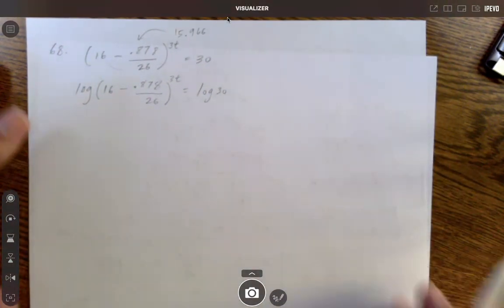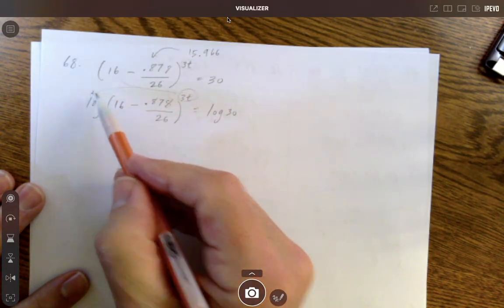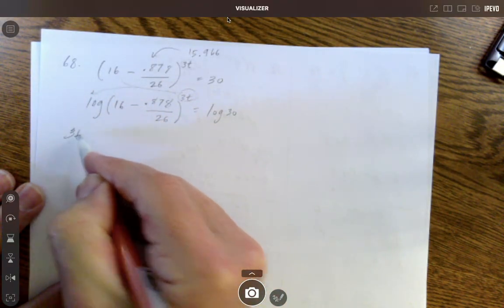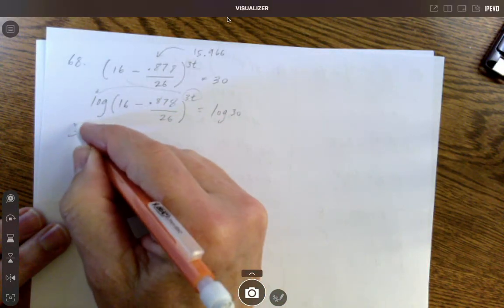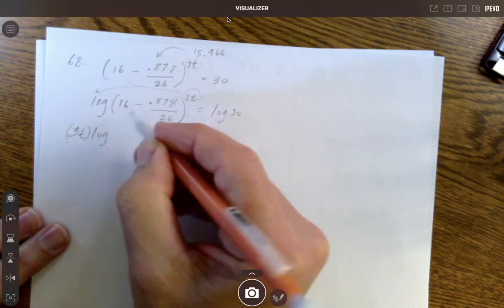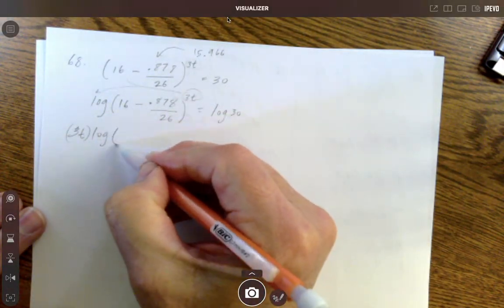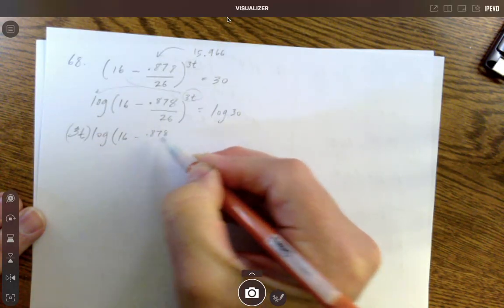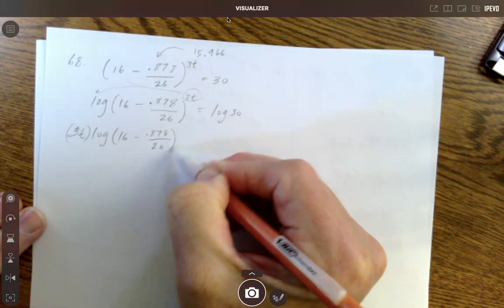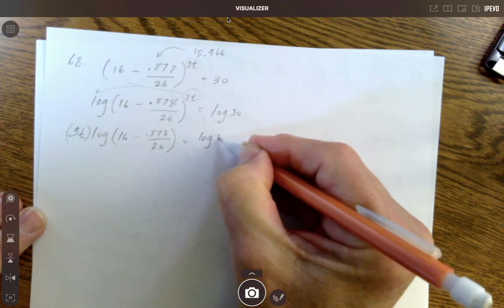All right, now, using the rule of logs, the exponent can come out to the front. So this becomes 3t times the log of all this, 16 minus 0.878 over 26, equals log of 30.